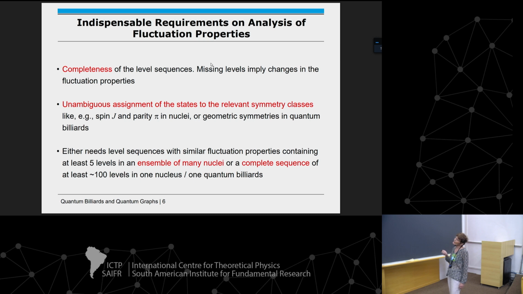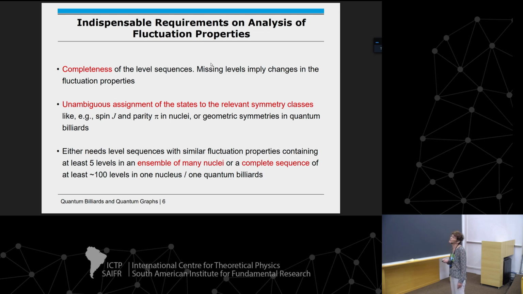And also another problem, and Thomas already mentioned it yesterday, you have to make sure that you first separate by symmetries. If you don't separate by symmetries, then you won't find random matrix predictions for one chaotic system, but a superposition of several ones. And if you have too many symmetries, then, as I will show soon, you will find not GOE statistics in the time reversal invariant system, but Poissonian.